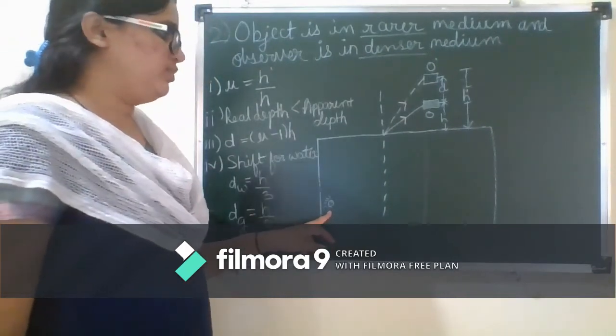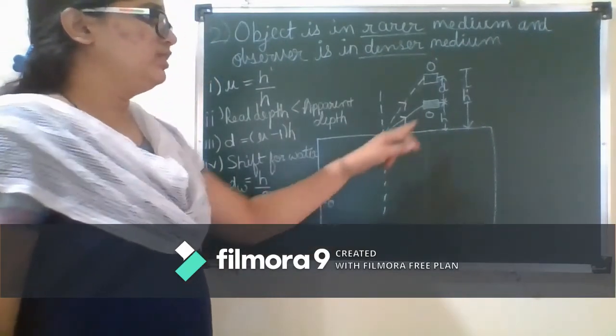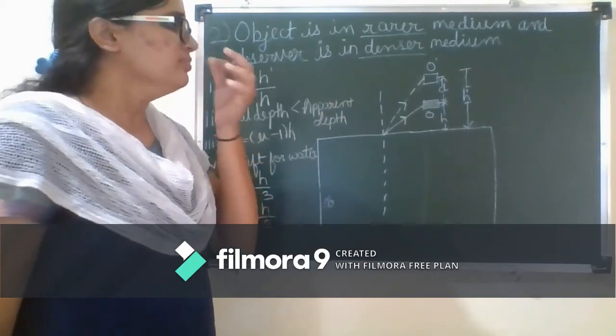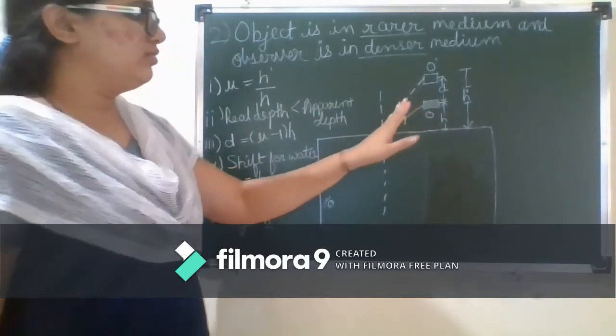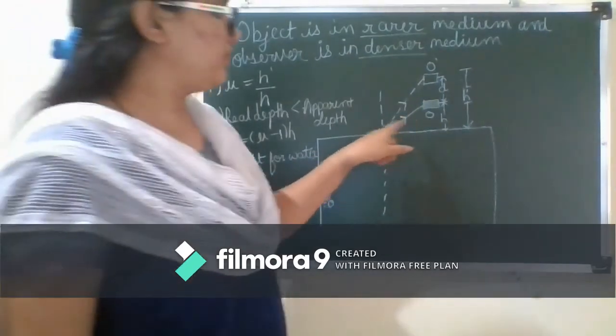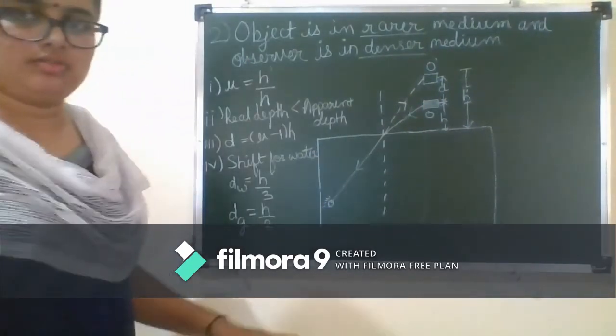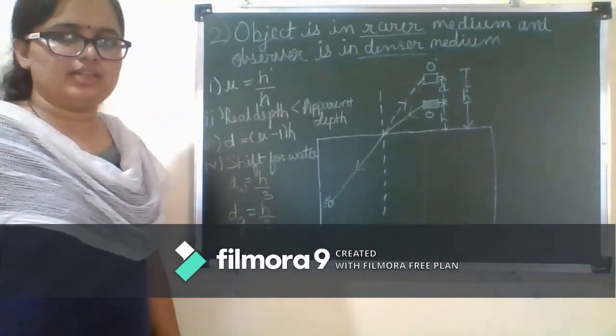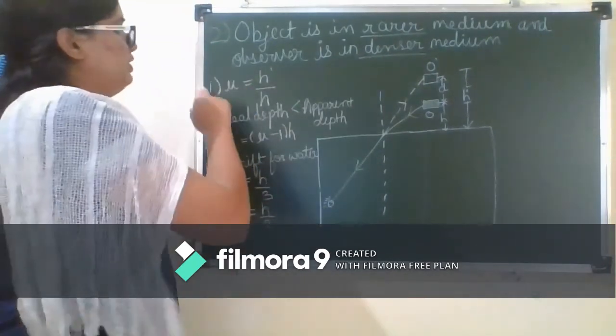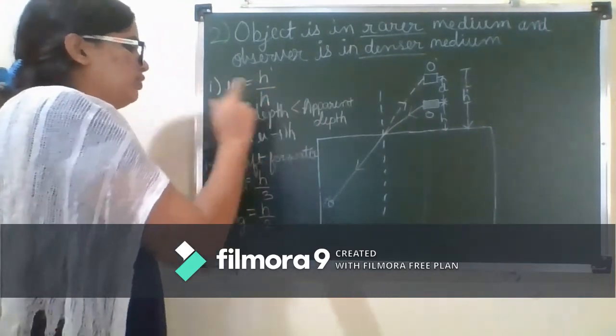Here it is the observer. He observes that one block is totally visible. So mu is equal to h dash upon h.